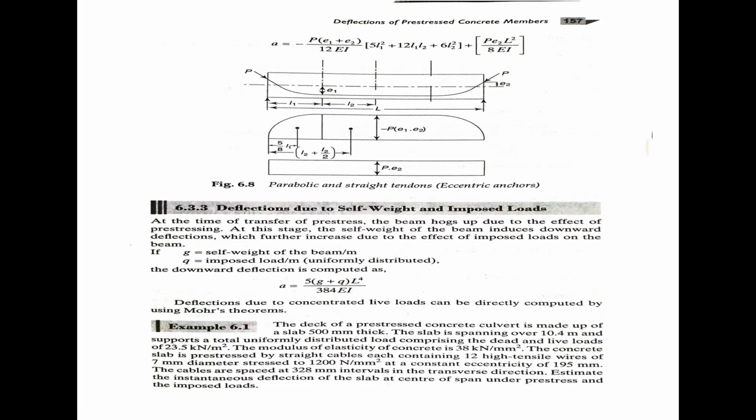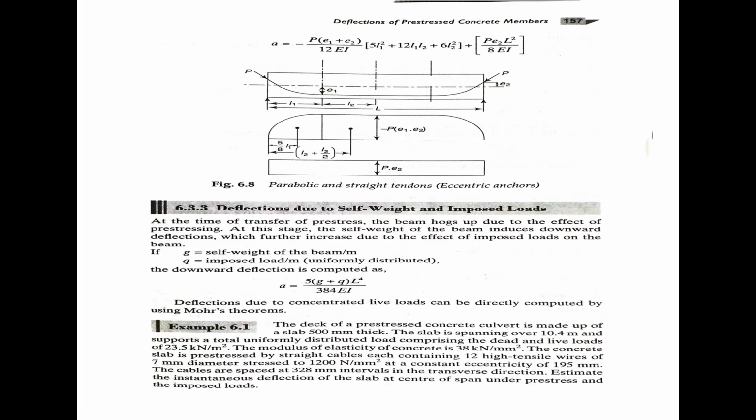Upward and downward deflections occur. Upward means negative deflection, and downward means positive deflection. First you have to study the bending moment diagram, and then analyze the deflection.